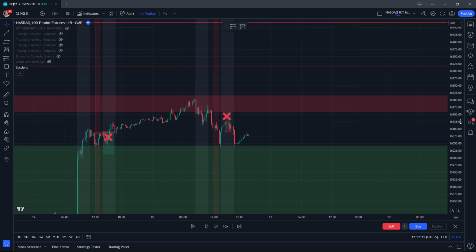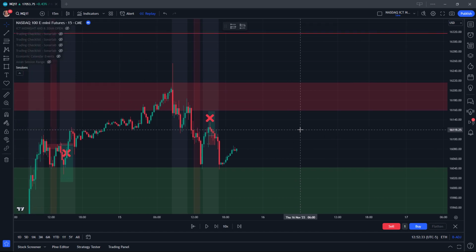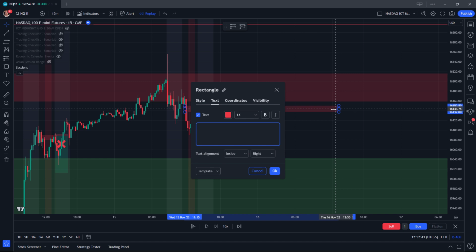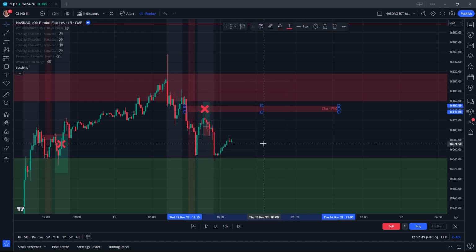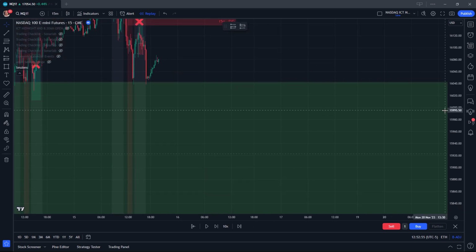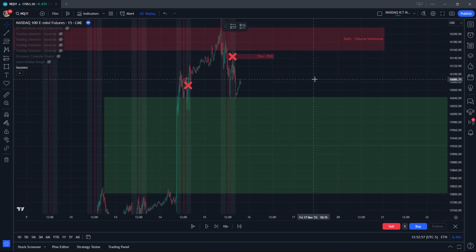I guess I should be coming in here and looking for a 15 minute PD array. So we've got this one here. And since we can see price starting to tap into this, it's easy already forgetting what it was.